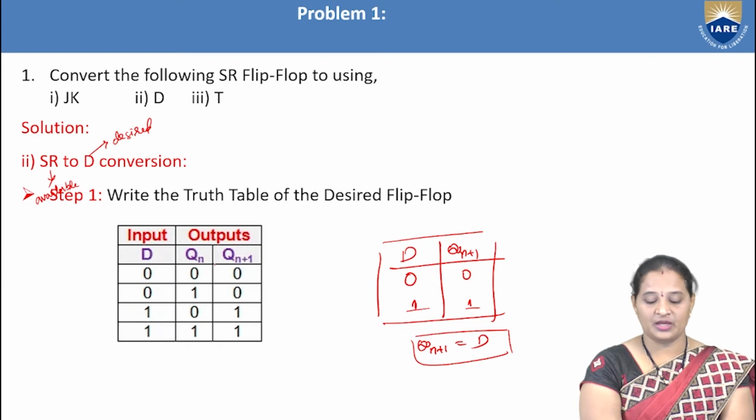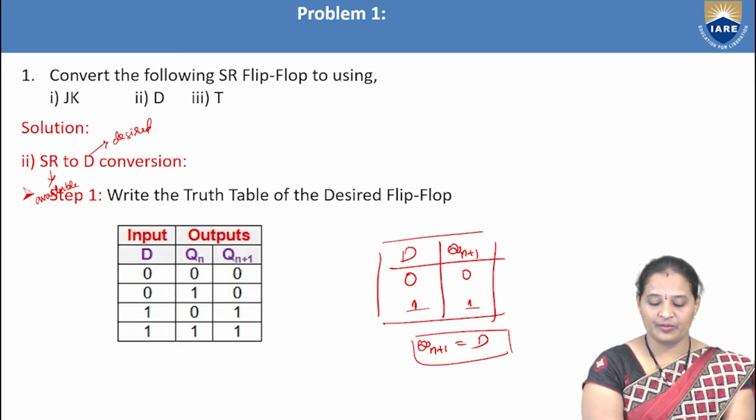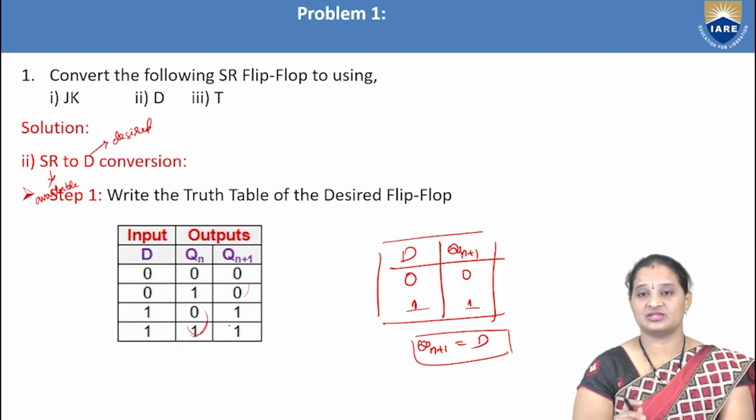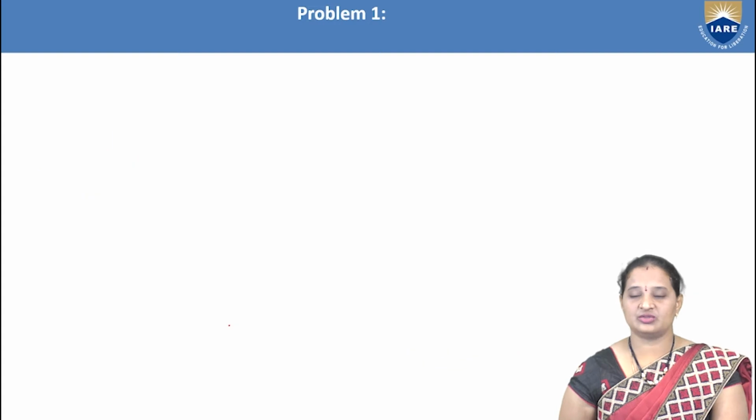If it is 0, irrespective of the present state, the next state will be 0. As the data is 0, whatever the present state may be, the next state has become 0. Whereas when the data input is 1, whatever the present state, either 0 or 1, the next state is 1. So this is the truth table.